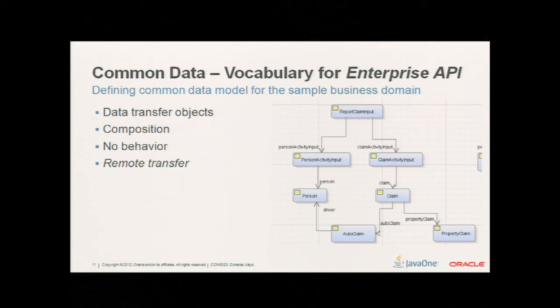The objects contain no behavior, they are just dumb transfer objects to transfer data between possibly remote components. So the idea is to compose specific objects into some message, service-specific or process-specific message, because you can't simply transfer your whole database over the wire.